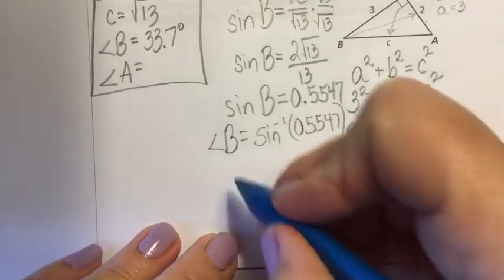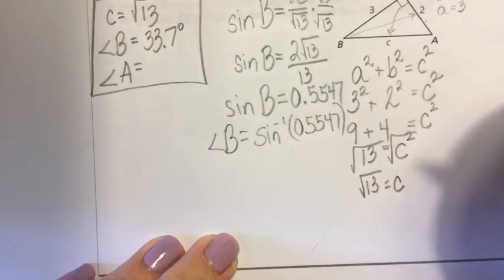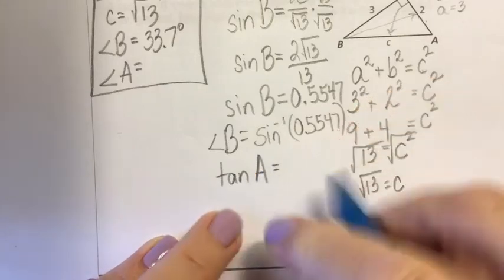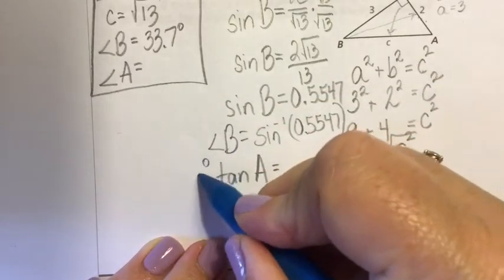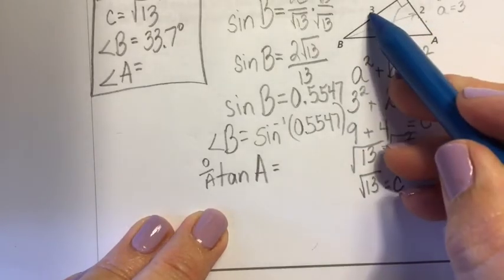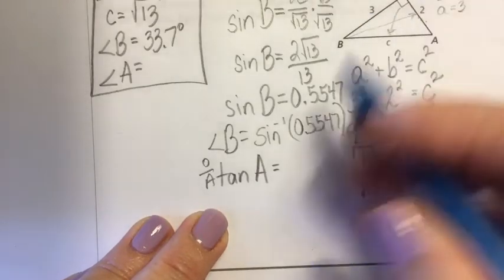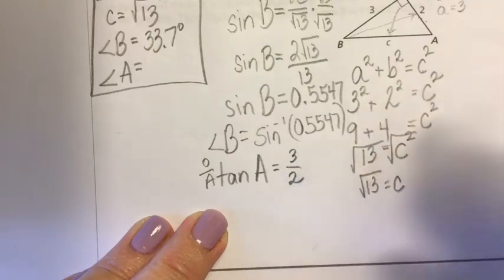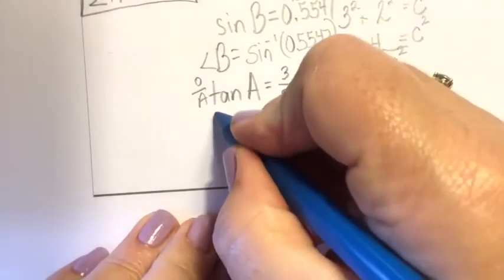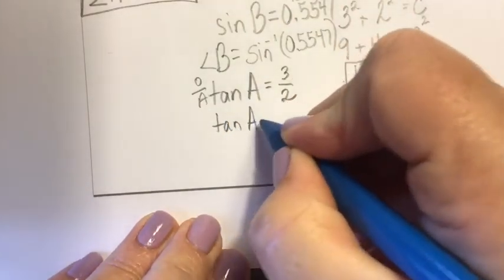You could go through the same thing, and let's use tangent this time. We know the tangent of A, we're going to use opposite over adjacent. Opposite A is 3, adjacent to A is 2. We know 3/2 is 1.5.